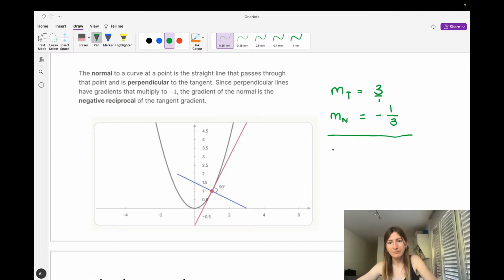So let's try another one. Let's see if I have that the gradient of my tangent is 2/5. Well, then the gradient of my normal is just -5/2.